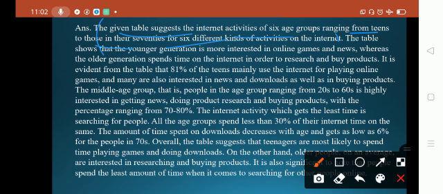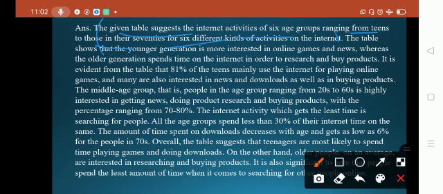So they spend most of their time in research and buying products. It is evident from the table that 81% of the teens mainly use the internet for playing online games, and many are also interested in news and downloads as well as in buying products.